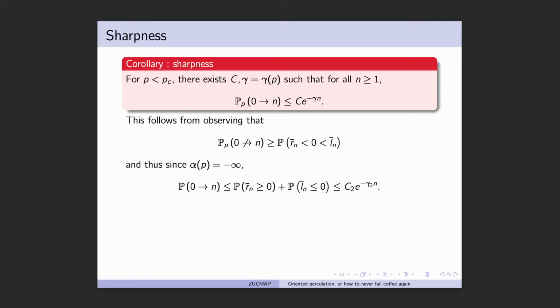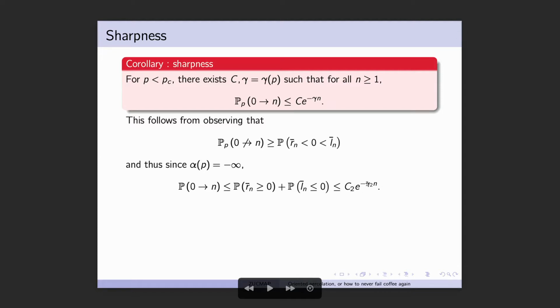Maybe I don't have time to explain it, but pretty much you compare the probability of not going to distance n with the probability of having the angle in the two processes in the wrong way. And because the angle, in our case, below PC is minus infinity, then by using the result from the last slide, you see that this is exponentially low.